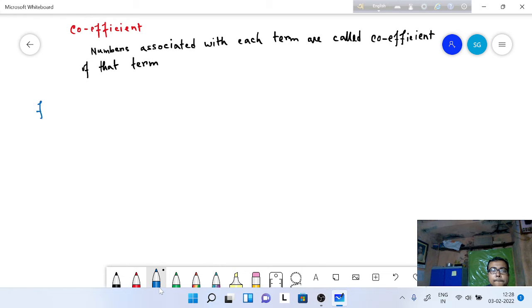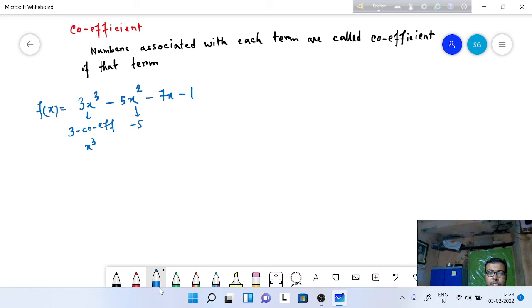See, if f of x equals 3x cube minus 5x square plus 7x minus 1. Now let's see, 3 is associated with the term x cube. So 3 is the coefficient of x cube. Now here minus 5 is associated with x square.